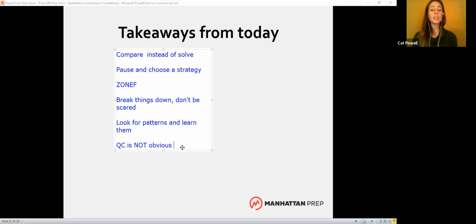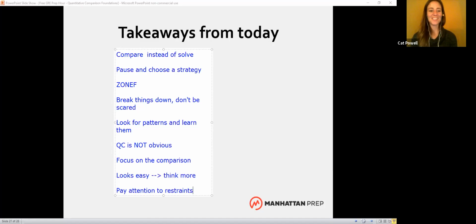Yeah, it's a really good point. Focus on the comparison. You can do a lot of QC problems without ever knowing exactly what A and B are. Looks easy. Think more. Cool. Pay attention. Do restraints, constraints, restrictions.